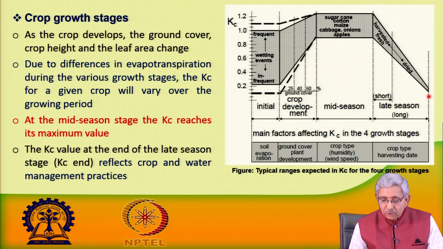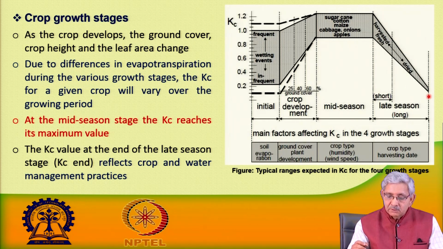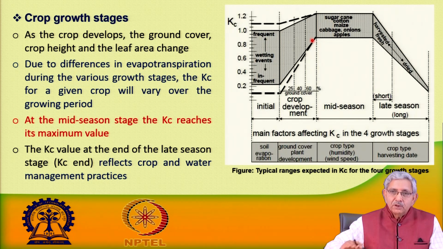So, total crop growth can be divided into 4 stages: initial stage, crop development stage, mid season stage, and late season stage. Okay. Now, in the mid season the crop has covered the ground fully, it is a fully grown plant, and it starts emerging flowers, and then it starts giving fruits.